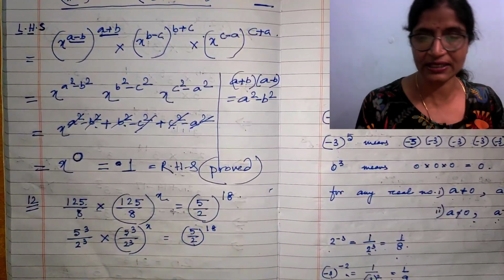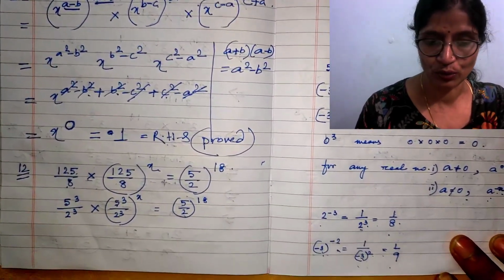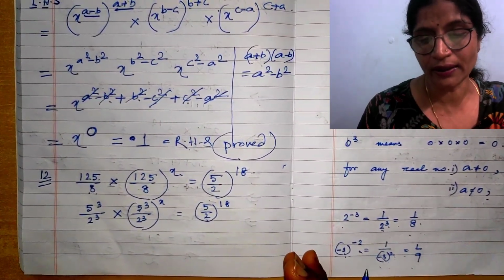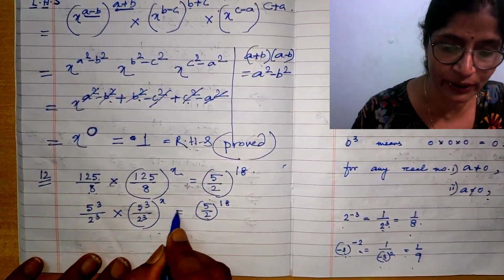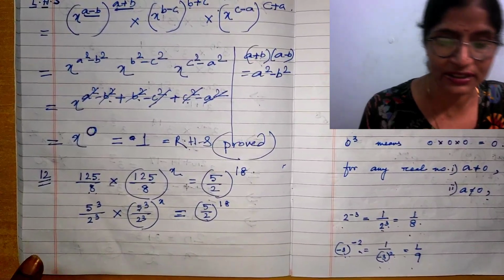This left hand side is a power of 5 by 2, and the right hand side is also in terms of power of 5 by 2, so I will equate both sides such that the bases will be the same.